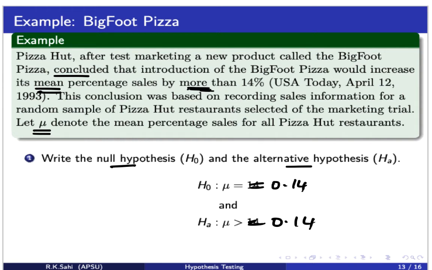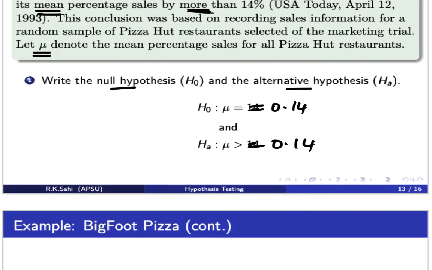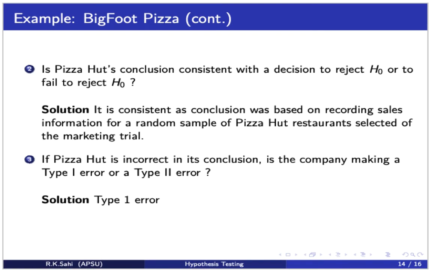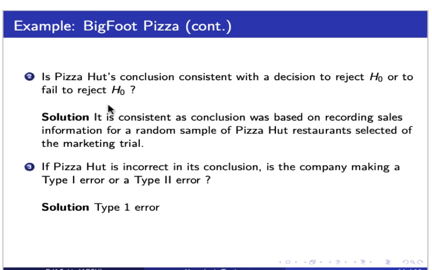Okay, let's look at how it is relevant in terms of type 1 and type 2 errors. Is the Pizza Hut's conclusion consistent with the decision to reject H0 or fail to reject? Now remember, the conclusion they made is that their mean percentage sales has increased. So it is consistent as a conclusion.